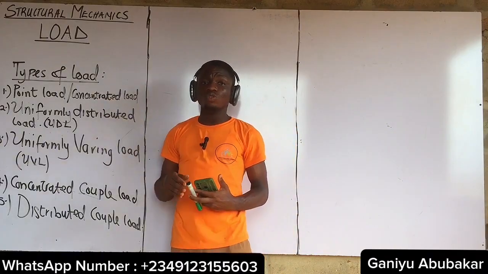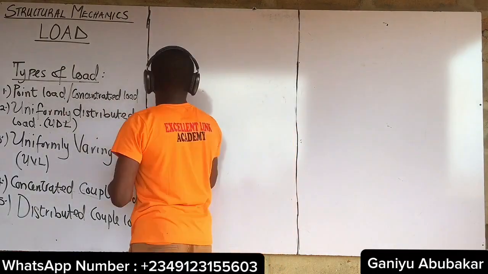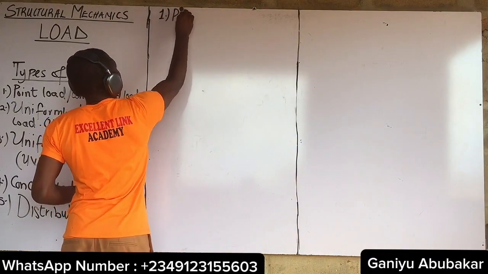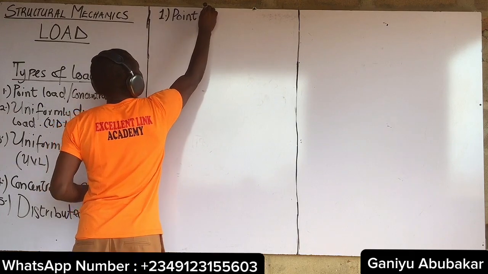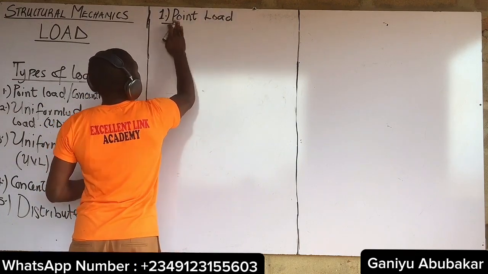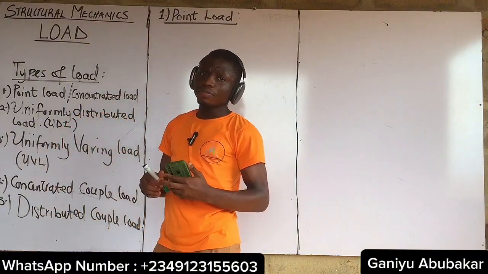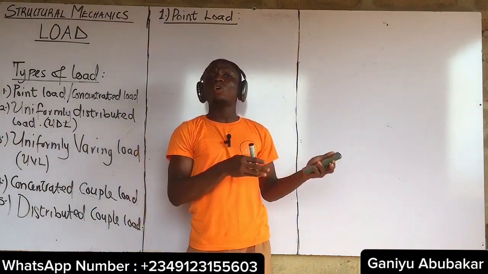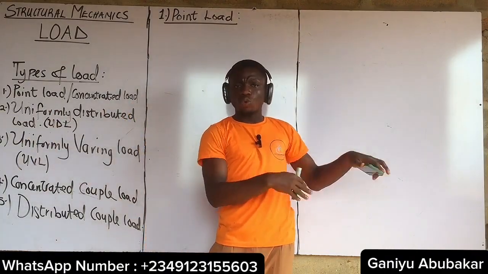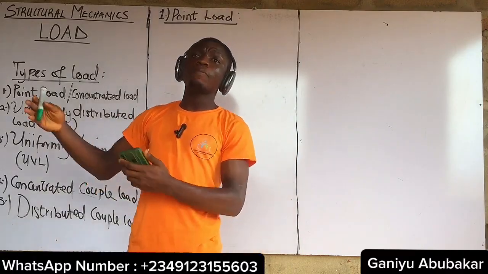Let us call this load one after the other. Let's have the first one there called point load. By definition, a point load is also called concentrated load. This is a type of load that acts at a point on a structural member.